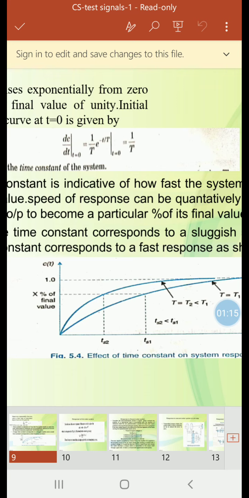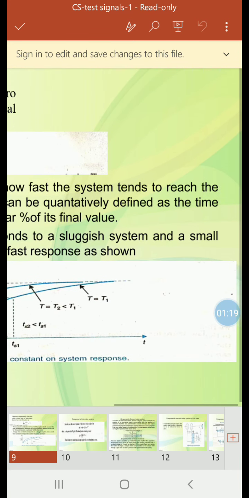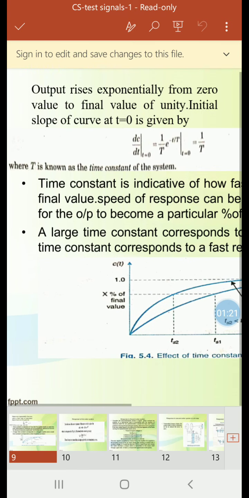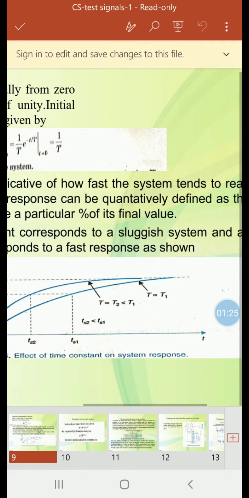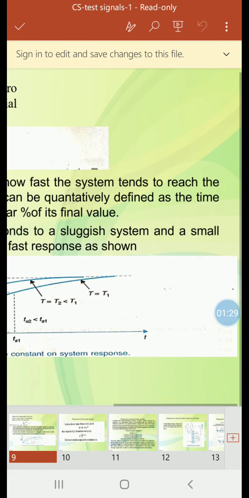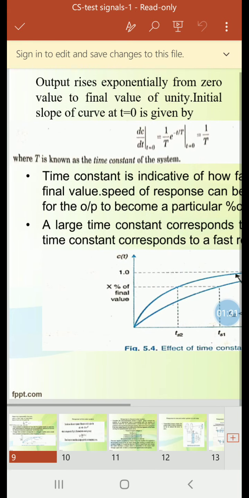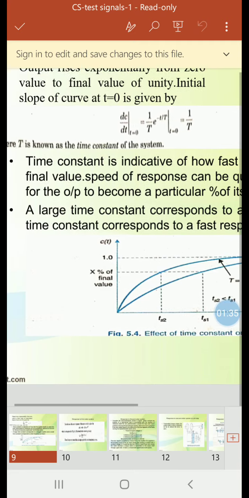Whatever the speed of response, it can be quantitatively defined as the time for the output to become a particular percentage of its final value.